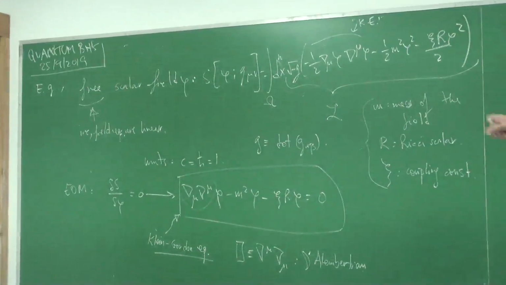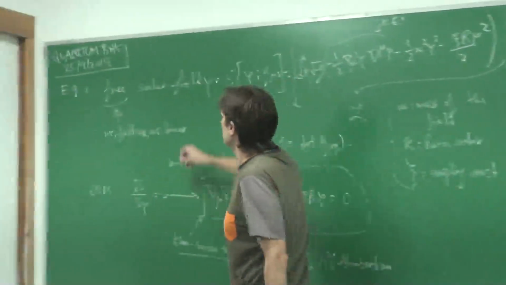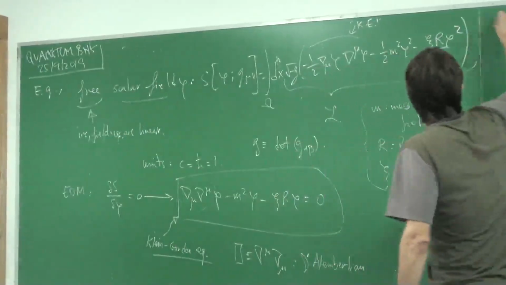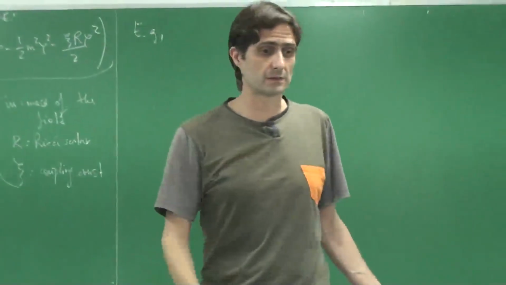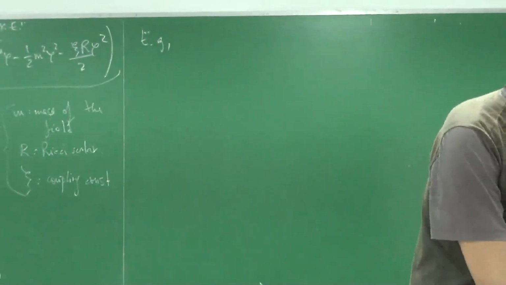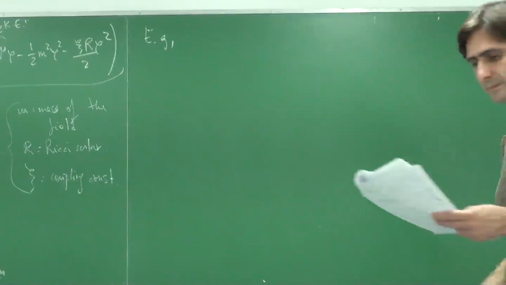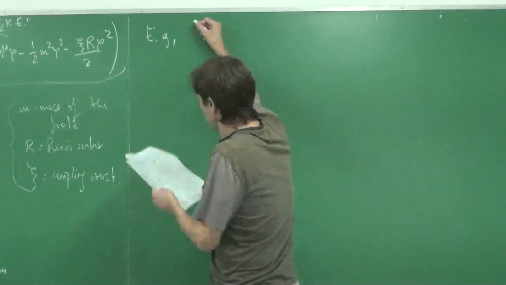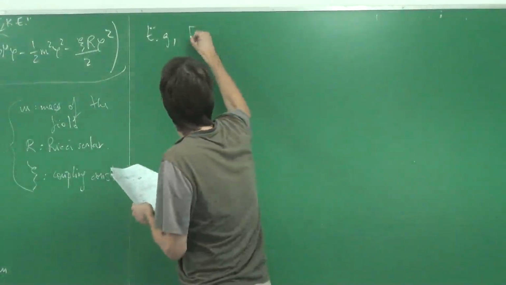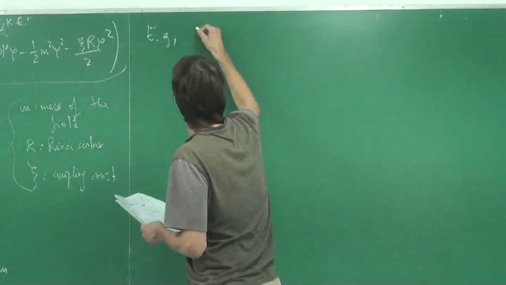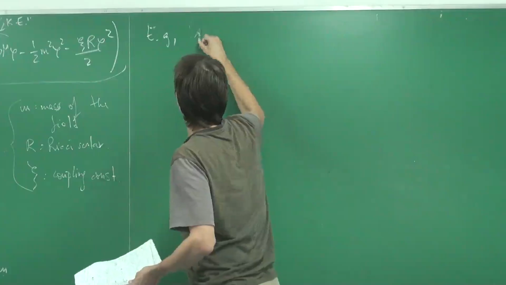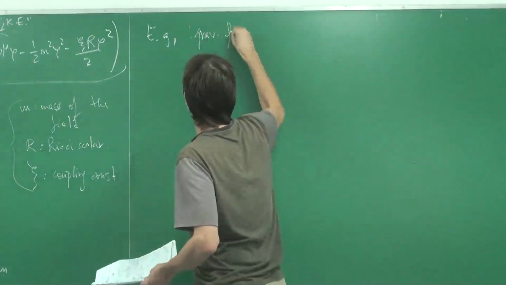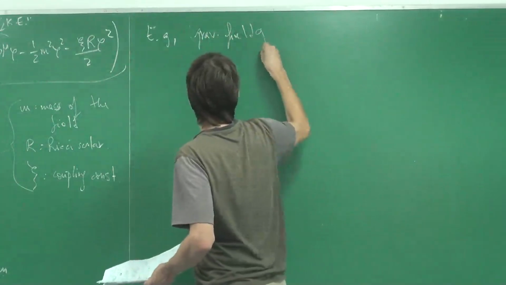Okay, so this is the scalar field, very important. Another one is the gravitational field, the metric. So consider gravitational fields, by which I mean the metric.